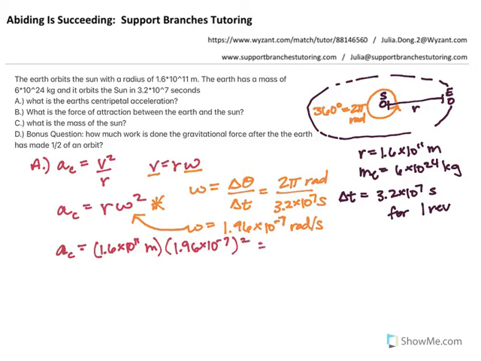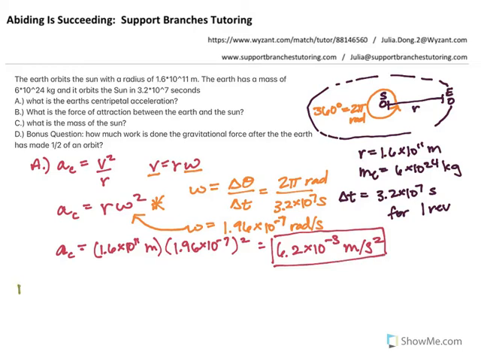So we take the 1.96 times 10 to the negative 7, square that, and then multiply it by our radius, 1.6 times 10 to the 11. And we get 6.2 times 10 to the negative 3 meters per second squared. So this is our centripetal acceleration, and that is our answer for part A.